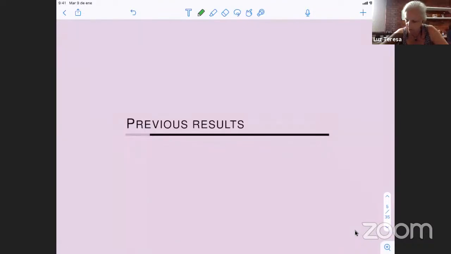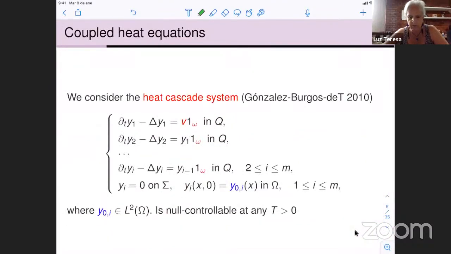So what do we have before this result? When you have, instead of these complicated n-dimensional systems, several heat equations that are coupled, but they are coupled in this particular way.